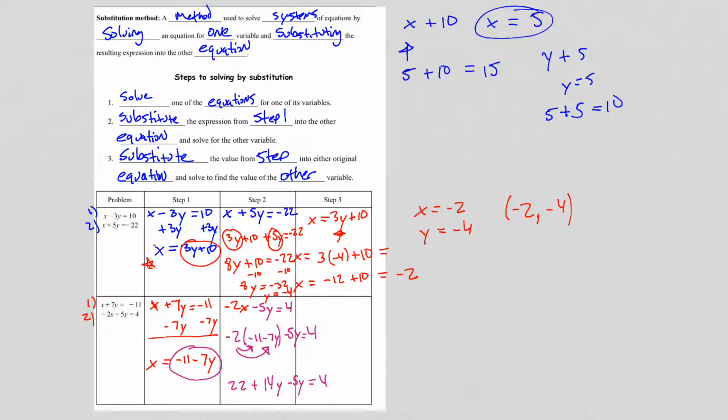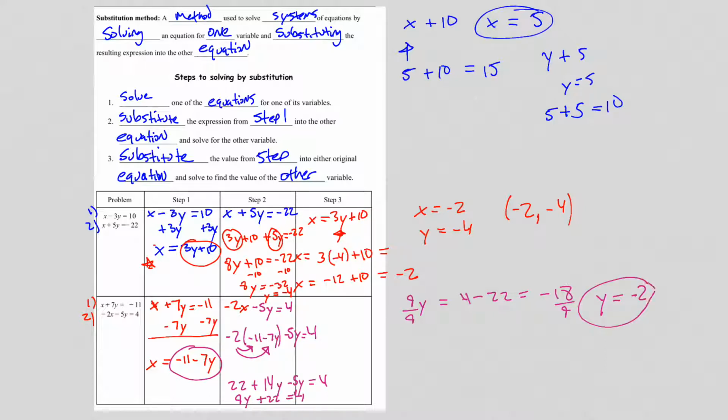So we have 9y plus 22 equal to 4. Then I'm going to subtract 22 from both sides. You get 9y is equal to 4 minus 22, which is negative 18. Divide both sides by 9. You get y is equal to negative 2.